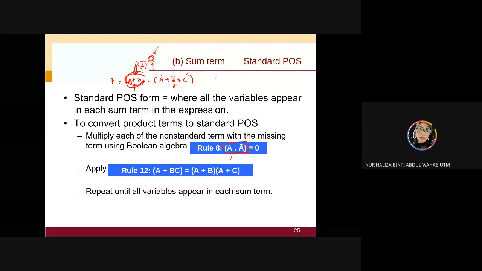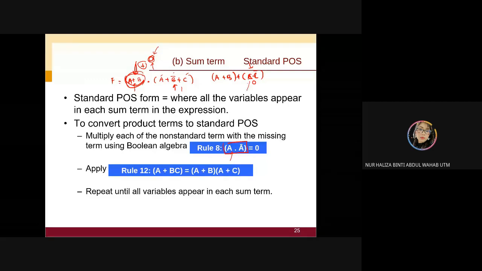So let's say I put here A plus B, adding C dot C bar. Why? Because I add with 0, but I want these C variables inside my POS or Boolean expression.